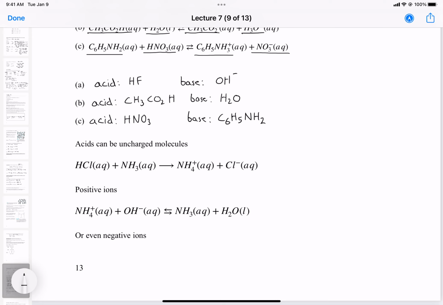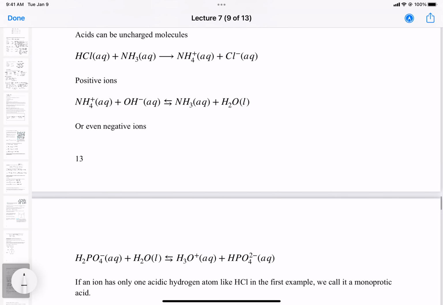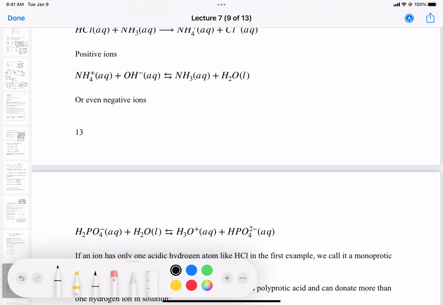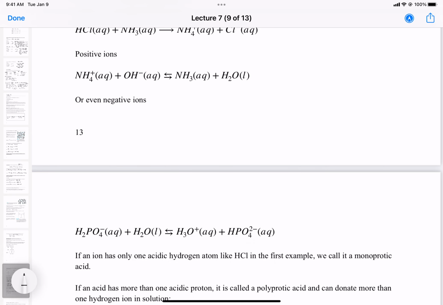And it can also be negative ions. For example, if I have what we call a polyprotic acid, that means it has multiple hydrogen atoms that can be donated sequentially. So even negatively charged molecules can be acids. So there's a lot of possibilities here.